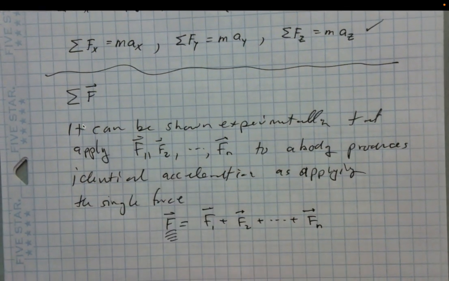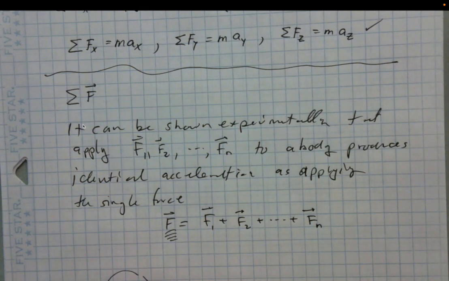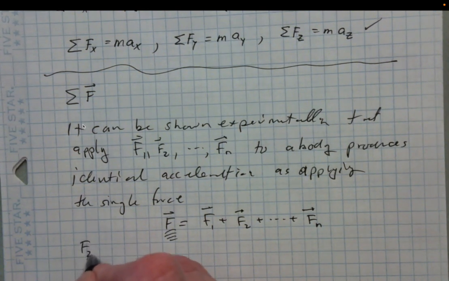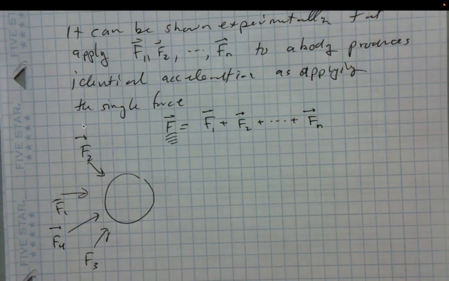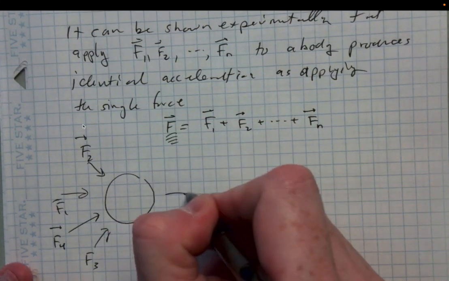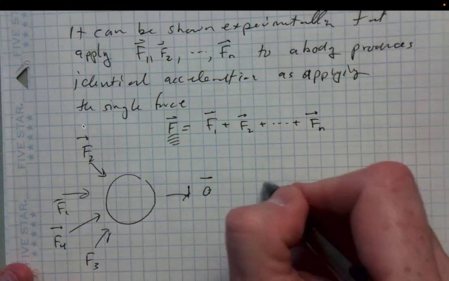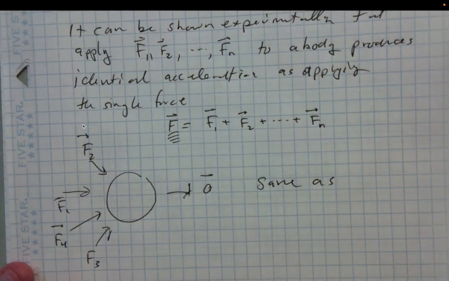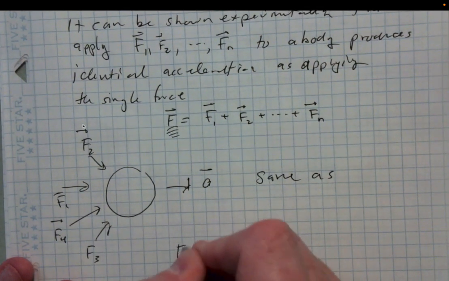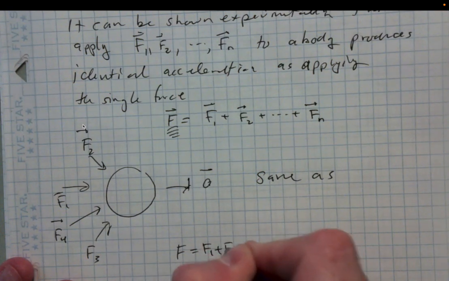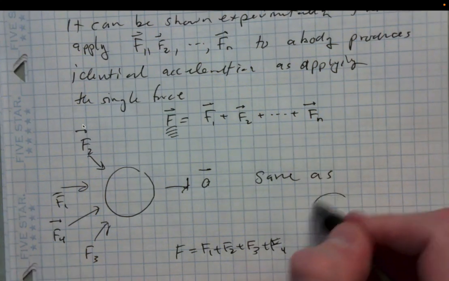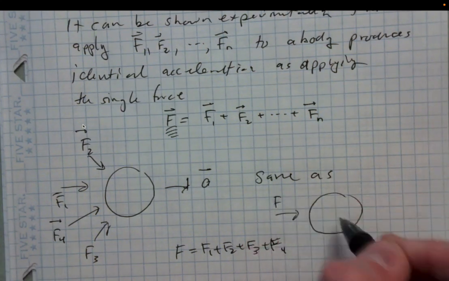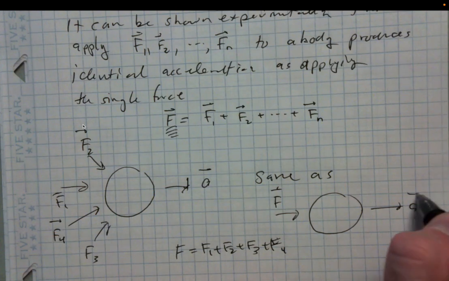And if I have a body and I apply F1 and I apply F2 and I apply F3 and maybe I apply F4, we'll just go with that for now, you get the same acceleration as applying F equal to F1 plus F2 plus F3 plus F4. So you get the same acceleration as if I did just F to this thing.